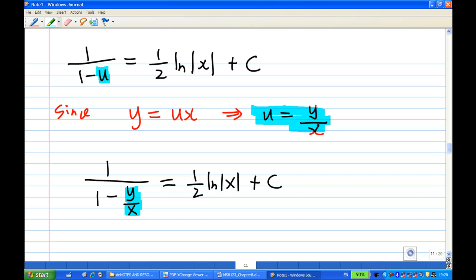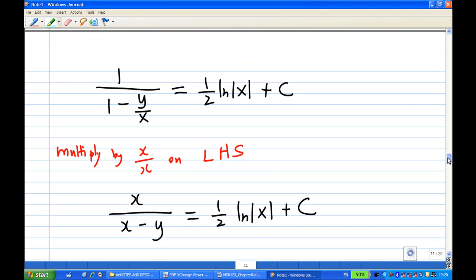I'm going to simplify this by multiplying every term on the left hand side, top and bottom, by x. Then the numerator is x and the denominator is x minus y. So I have x over x minus y equal to half times ln absolute value of x plus c.